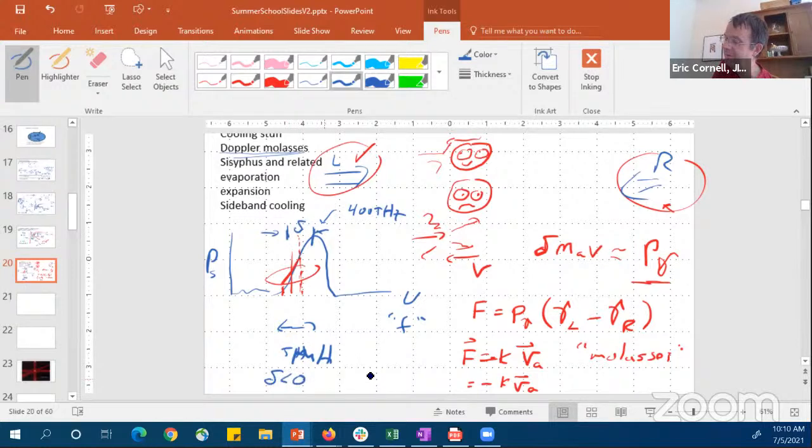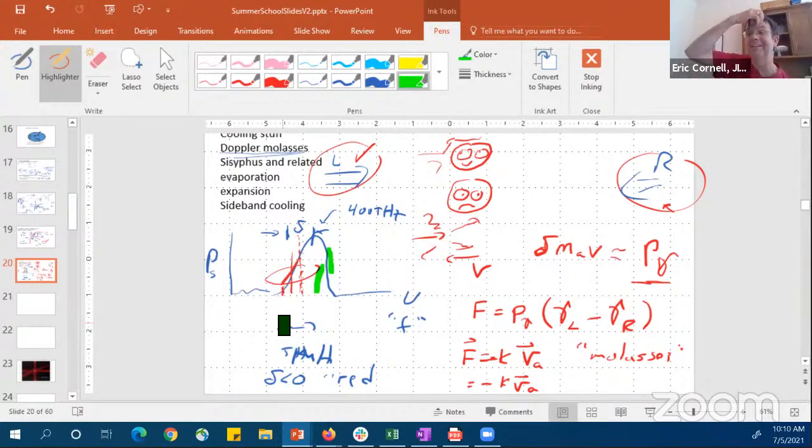If the laser were detuned blue, if the laser were over here somewhere, this slope has the opposite sign. And so in this case you would get, in effect, an exponential increase in your velocity as long as you're in that linear regime.